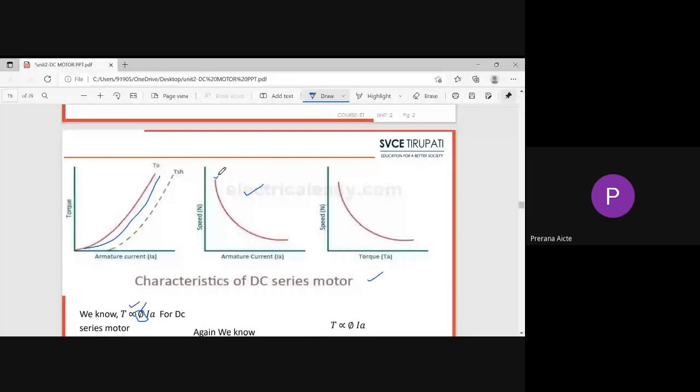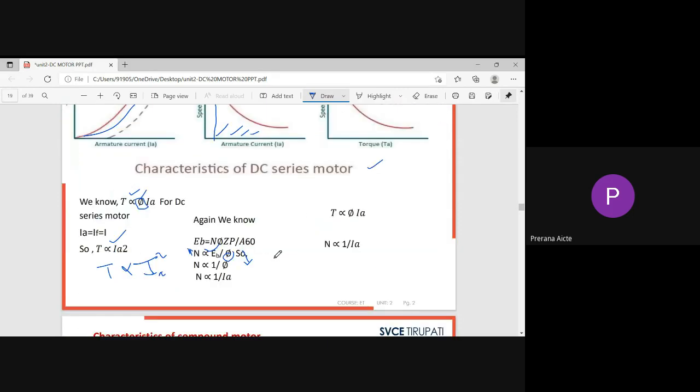This is the starting point, where the load current is small. When load increases, load current increases. The same current flows through the series field winding, so the series field flux increases and the speed reduces.